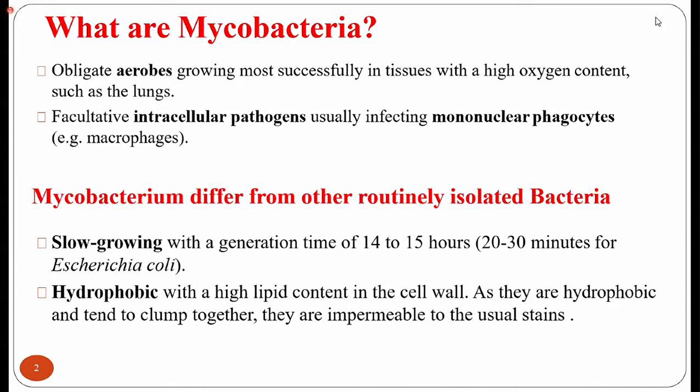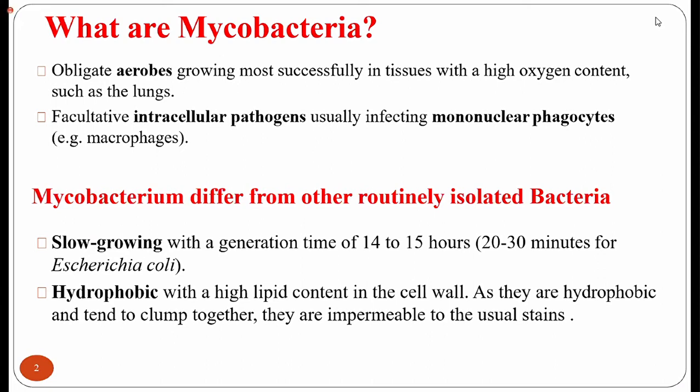So what is TB? It is an obligate aerobe, and I minimized these PowerPoints to a very few slides. It is a facultative intracellular pathogen and one of the slow-growing bacteria. It takes so long to grow.